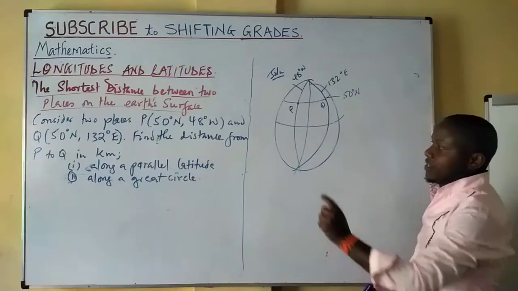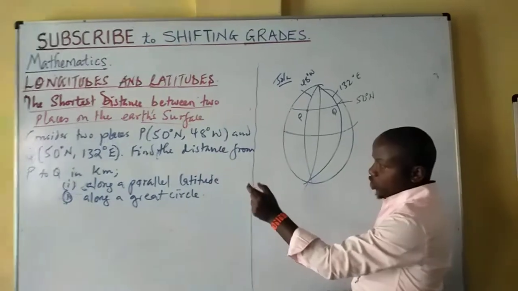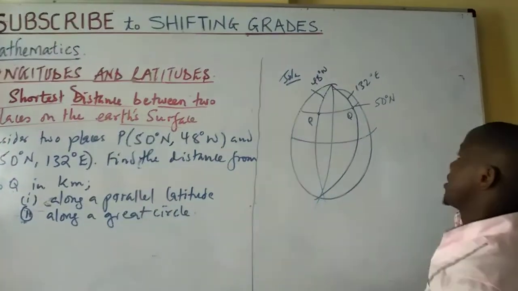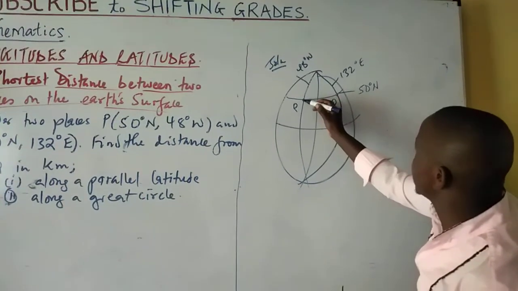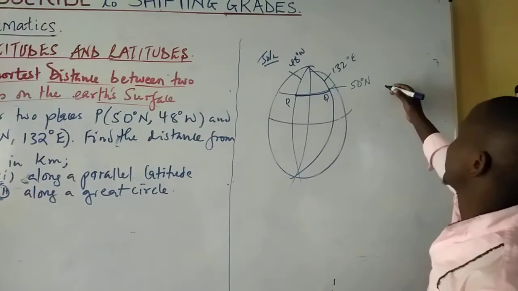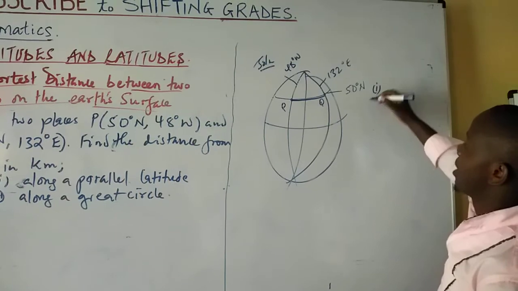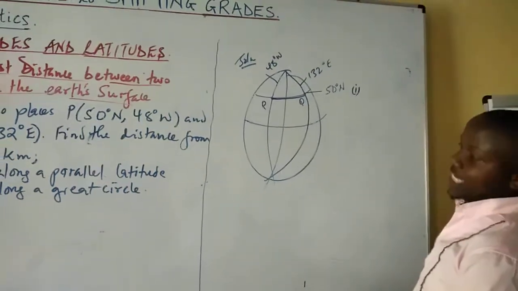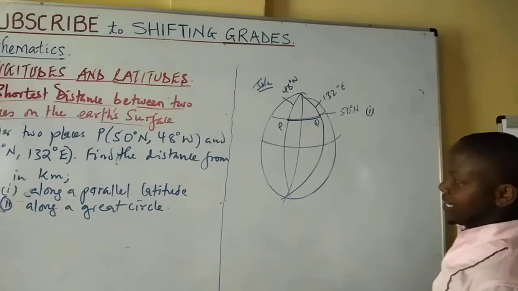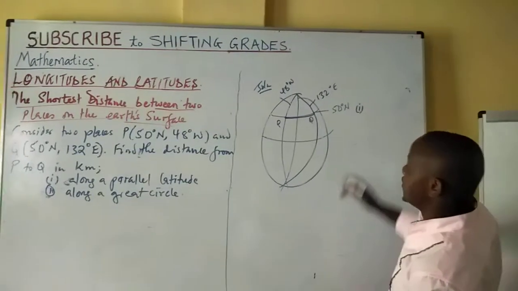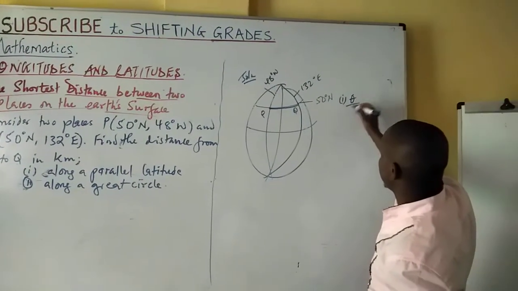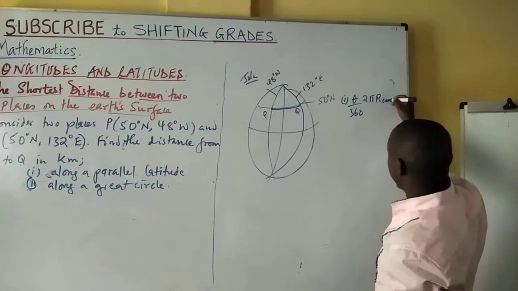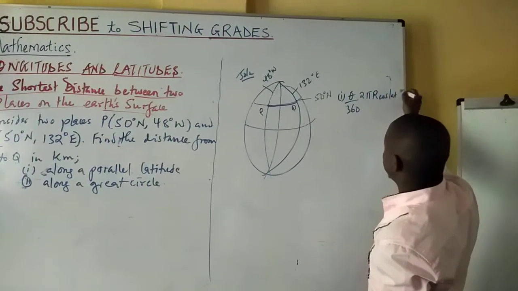We want to get the distance between P and Q in kilometers along the parallel of latitude. From P to Q along this latitude, the distance along a parallel of latitude in kilometers is given by theta over 360 times 2 pi r cosine of the latitude.